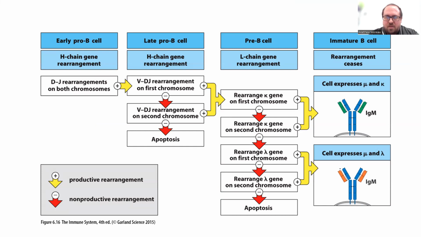So in totality, this kind of blows up all what we've just been talking about. Again, between early and late pro B cells, the pro B cell is really just about rearrangement of the VDJ heavy chain, production of a stable heavy chain.